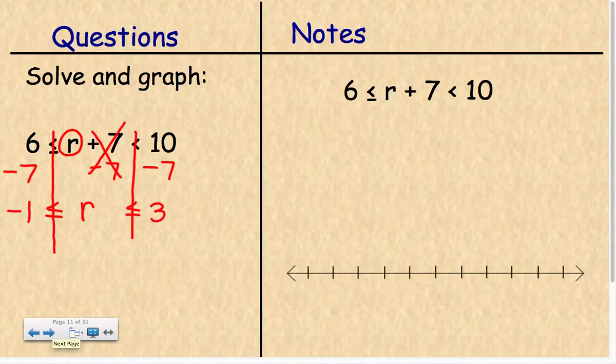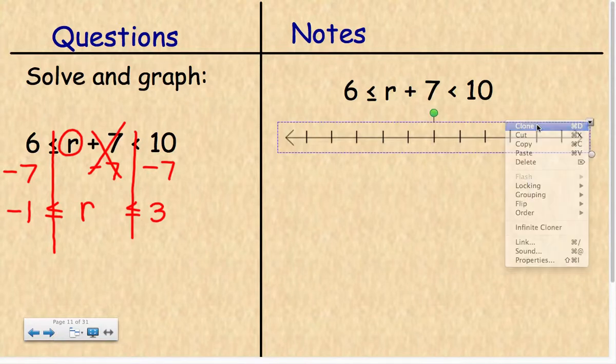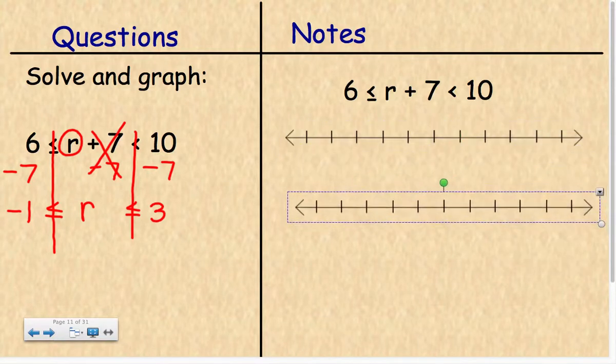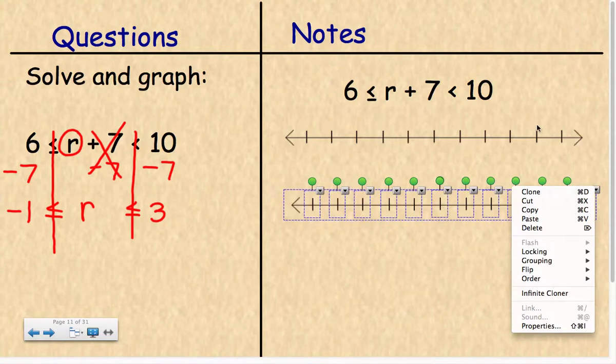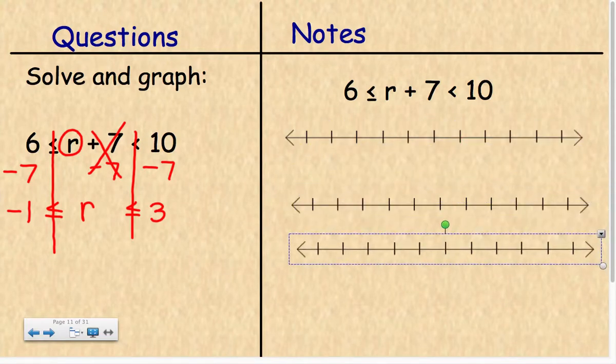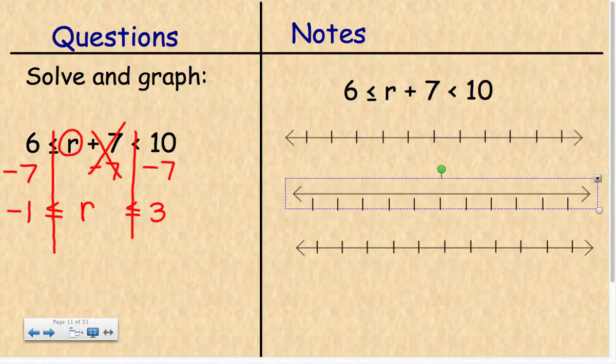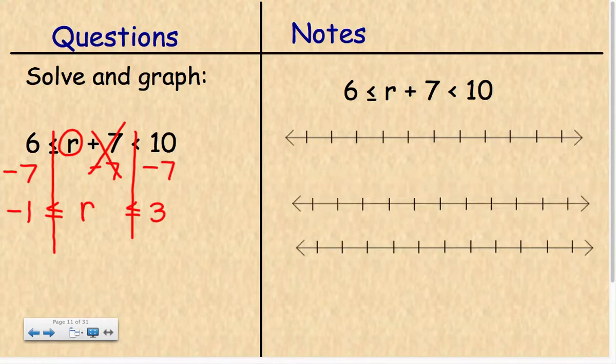Now the way we break this up into two inequalities is I'm going to need my 3 number lines again, so I'm going to make 2 more here. All right. Oops, I have to move this line back down. Okay. So this one is my first inequality.